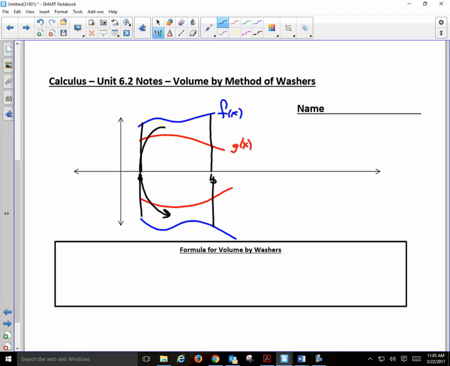All right, that's the piece that you're trying to revolve around.